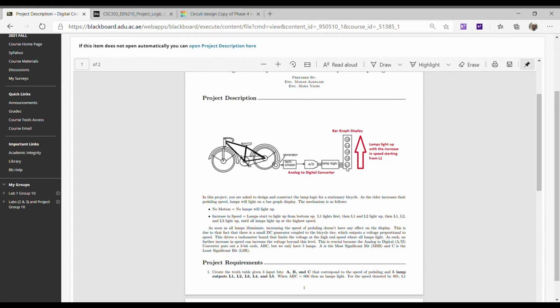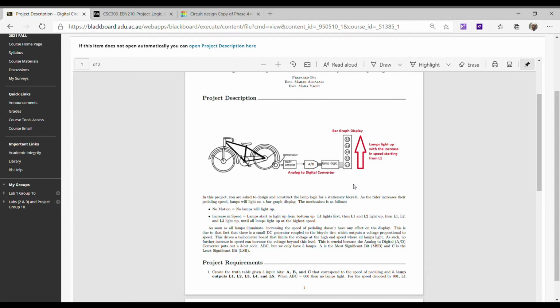For example, if we have low speed, L1 will turn on. I increase the speed, L2; I increase the speed, L3, and more and more. So, what will happen if I don't have any speed? There is no motion, so no lamp will turn on.